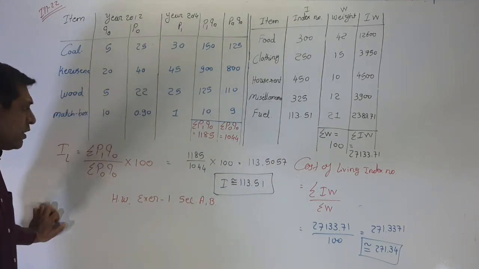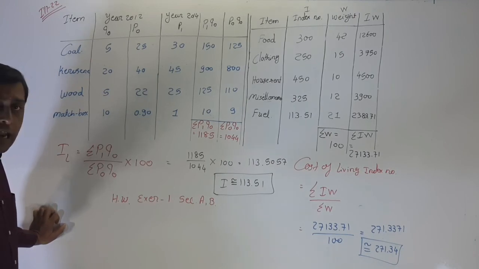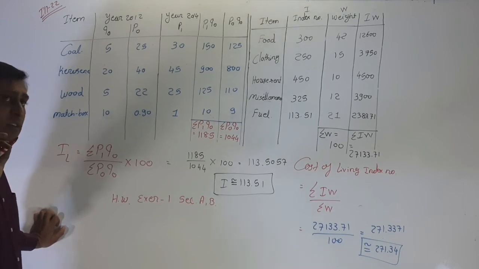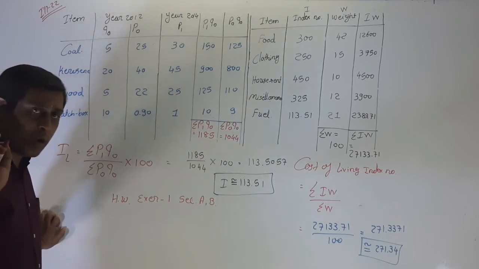A is easy because it is MCQ, but B is one-line question answers. If you find them, then please write. Otherwise, we will do it in our regular lecture.